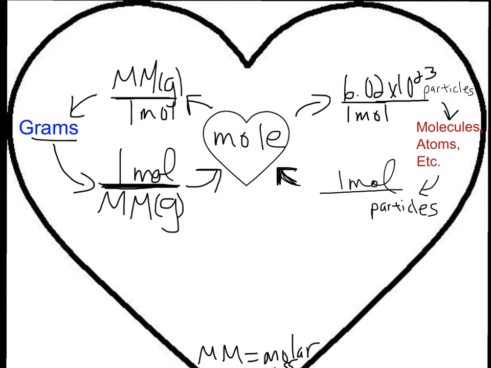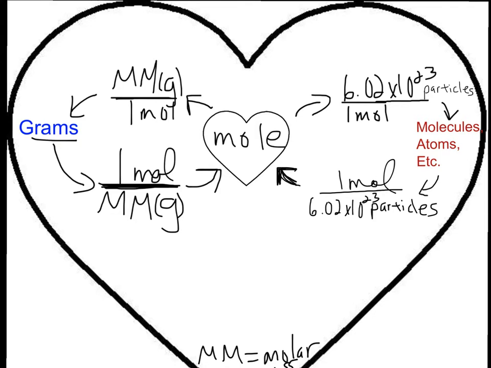That magic number between particles and moles is Avogadro's number, 6.02 times 10 to the 23rd. And so this is our map of how to get from one unit to another. Most of the time in chemistry, we're going to go between, say, grams and all the way down to molecules or atoms.